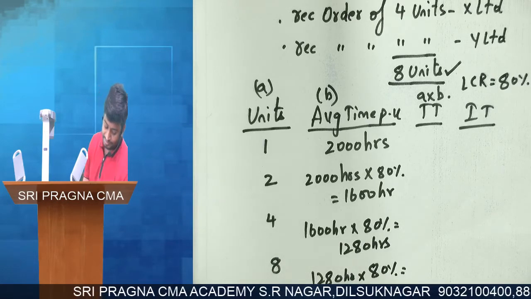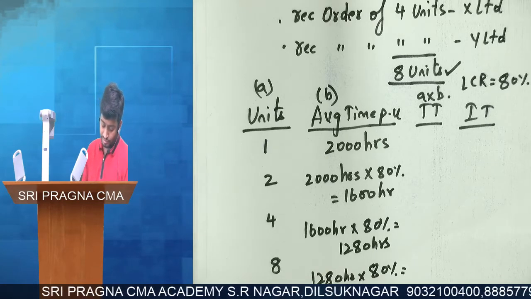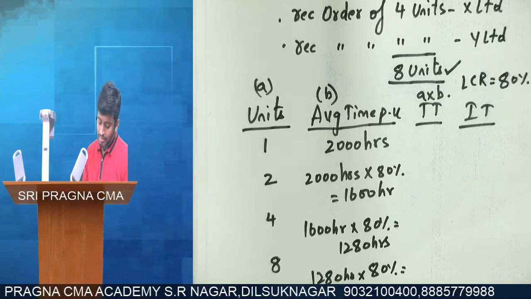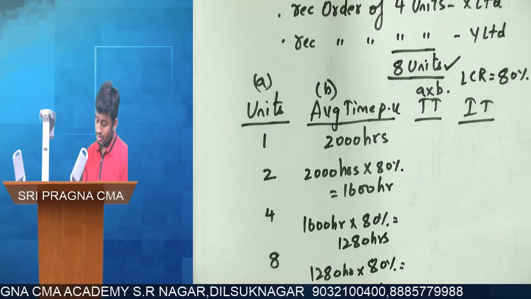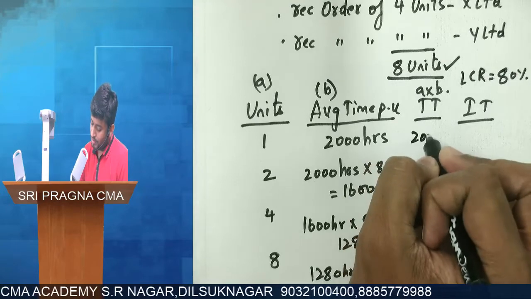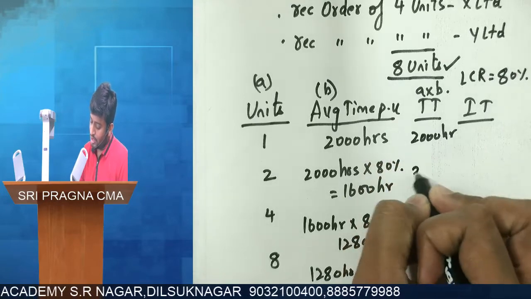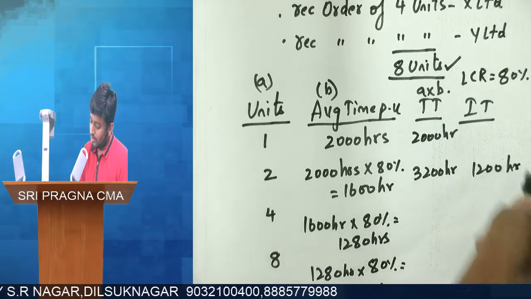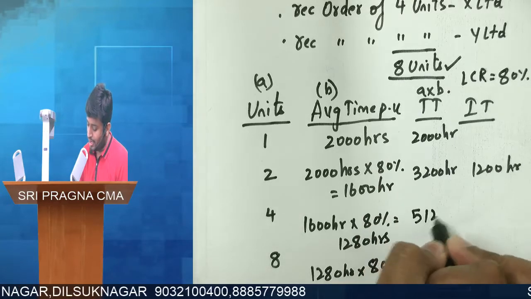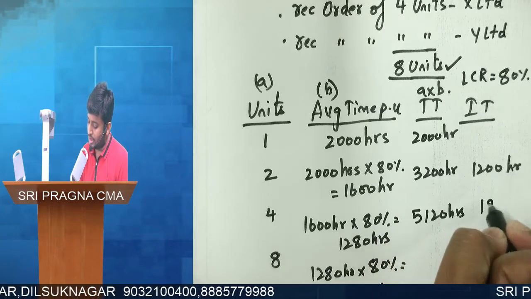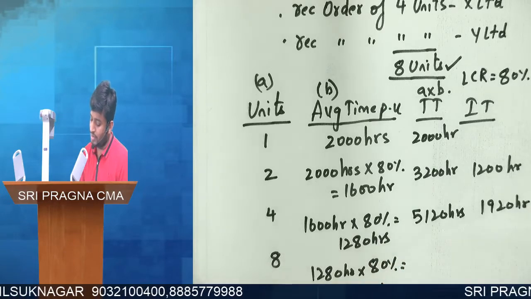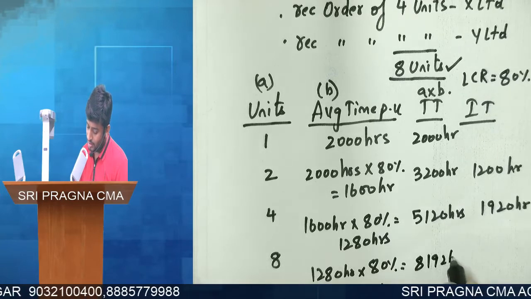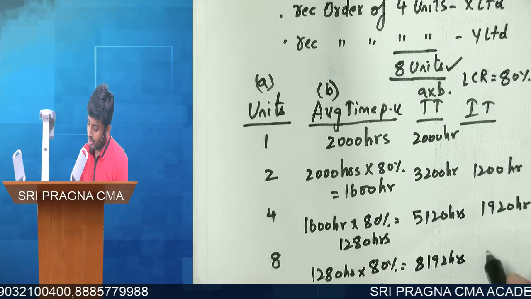Start multiplying. Units 1, 2, 4, 8: 2000, 3200, 5000, and 1920, then 8000, 3072.